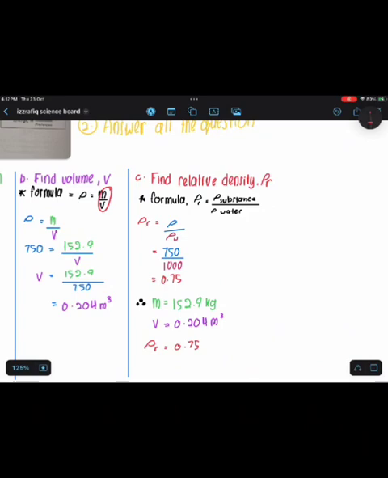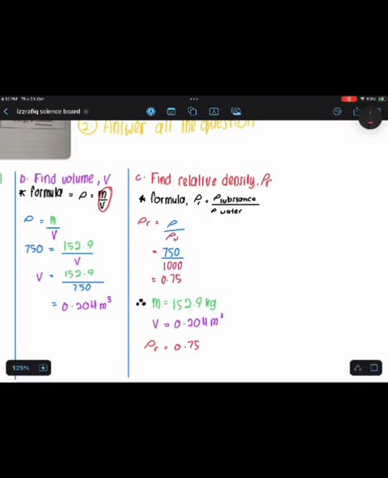By putting in the value of the density given over the density of water, the answer should be 0.75 only. There will be no unit as it cancels during the calculation.